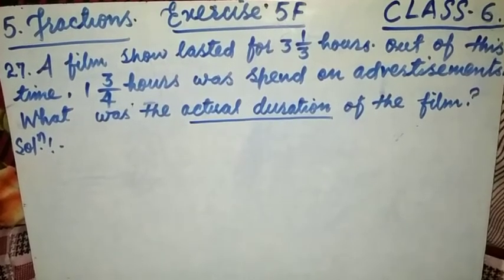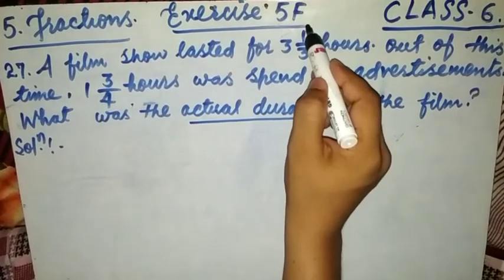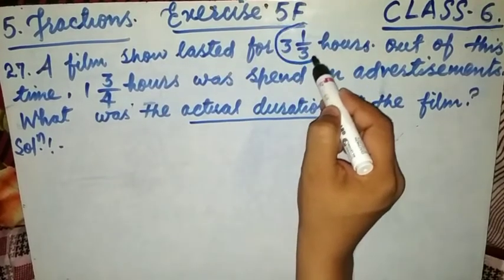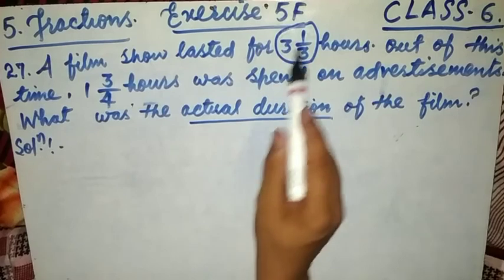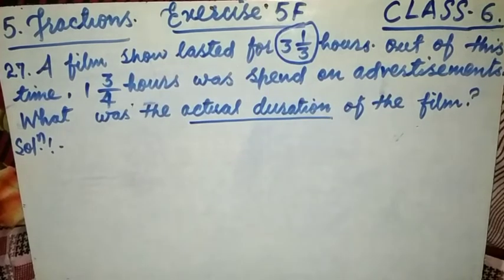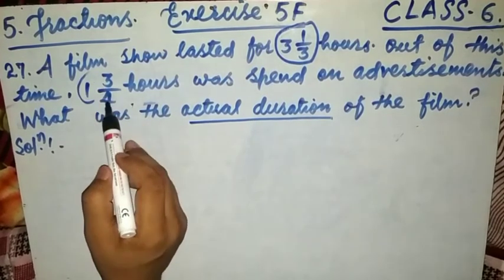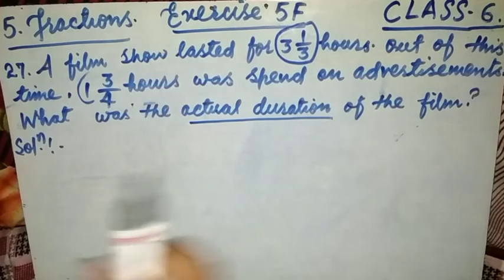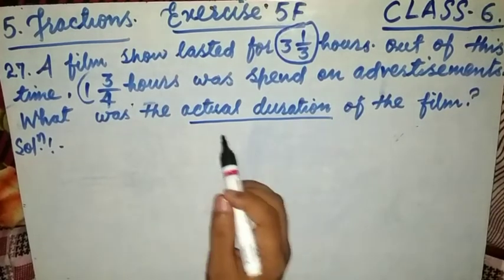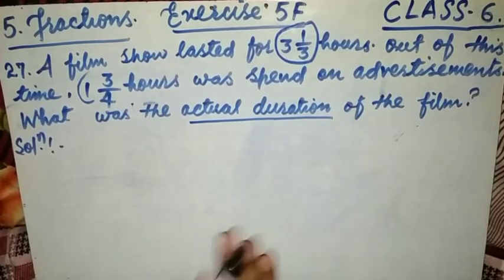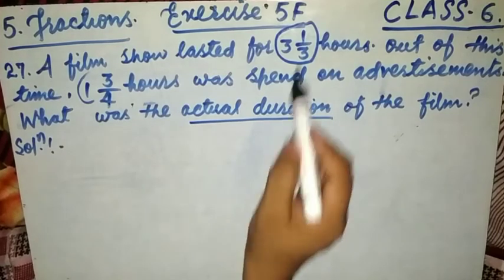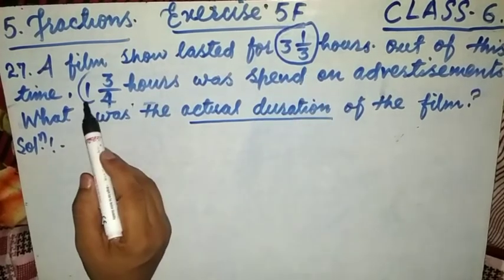But the total, when the film is starting from initial to last, the total duration of the film including the advertisement is 3 and 1/3. If we remove this 1 and 3/4 hours from this, we will get the actual time of the film. That means here we have to subtract from the whole hour minus this out of this.